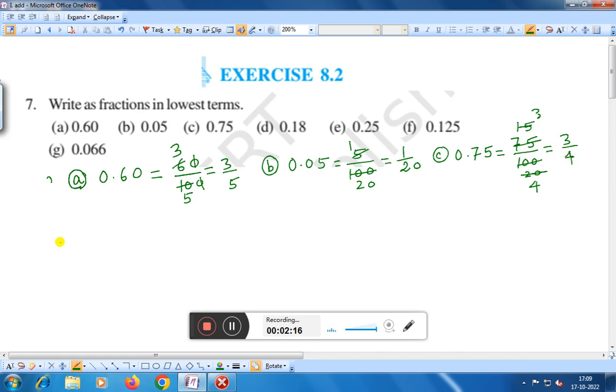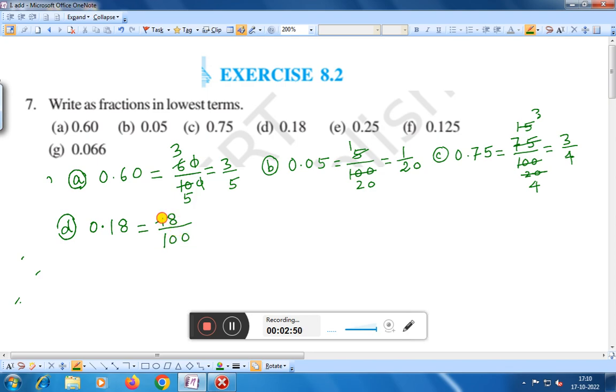Now question number D is 0.18. It can be written as 18 by 100.